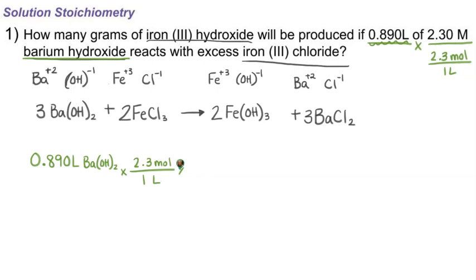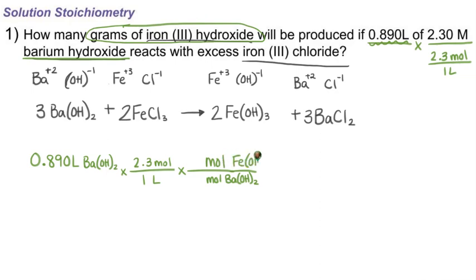Once we're in moles of barium hydroxide, we will need to take our moles of barium hydroxide, BaOH2, to moles of our new substance. And the problem is asking us how many grams of iron 3 hydroxide. So we need to go to moles first of iron 3 hydroxide, FeOH3.